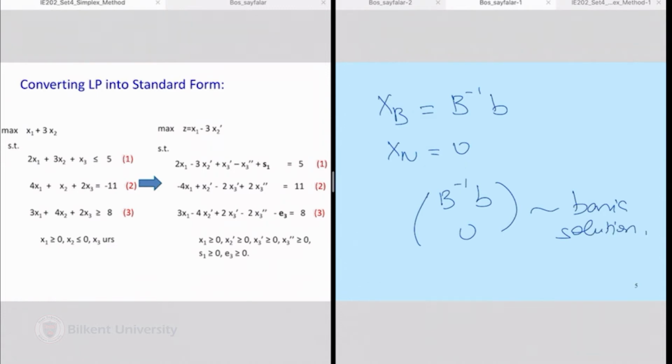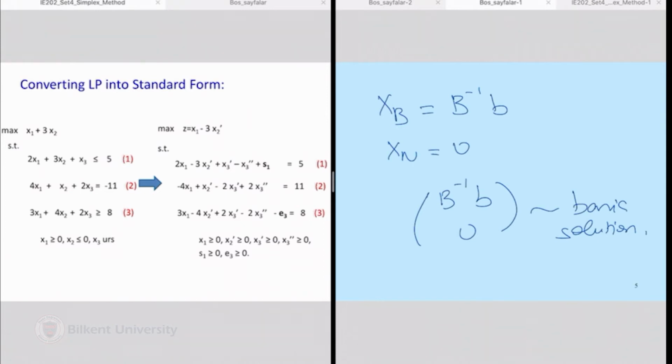This was attainable because my A matrix is full rank m. Such a solution is always attainable. Ax = b has actually infinitely many other solutions. This is just one of the solutions that we can get, and we can always get such a solution.